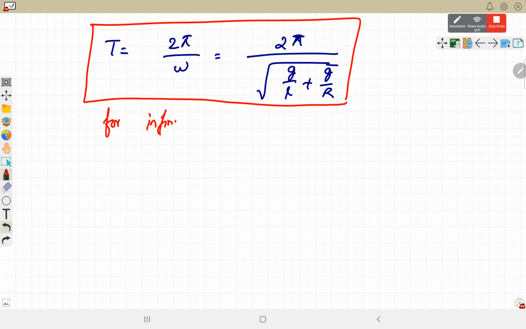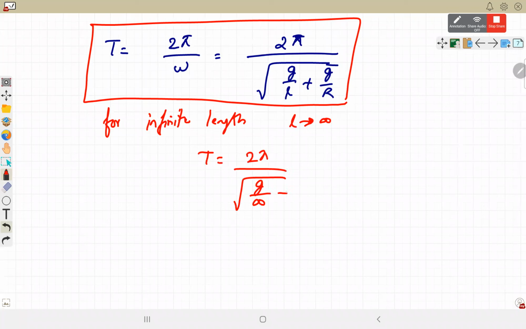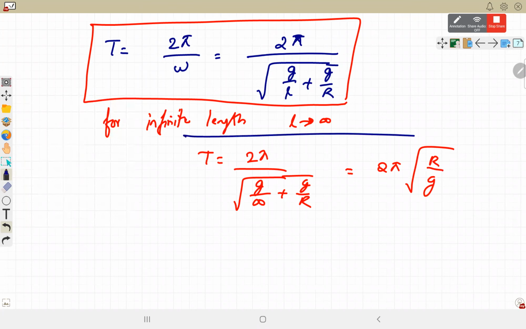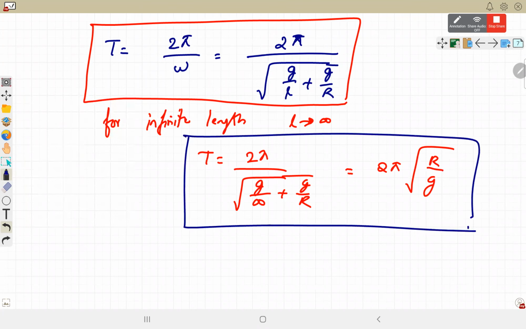And for infinite length, L is infinity. T is equal to 2 pi divided by the root of g by infinity plus g by R, which is 2 pi root R by g. An infinite length pendulum also gives 2 pi root R by g, where R is the radius of Earth. So it will be 84.6 minutes again.